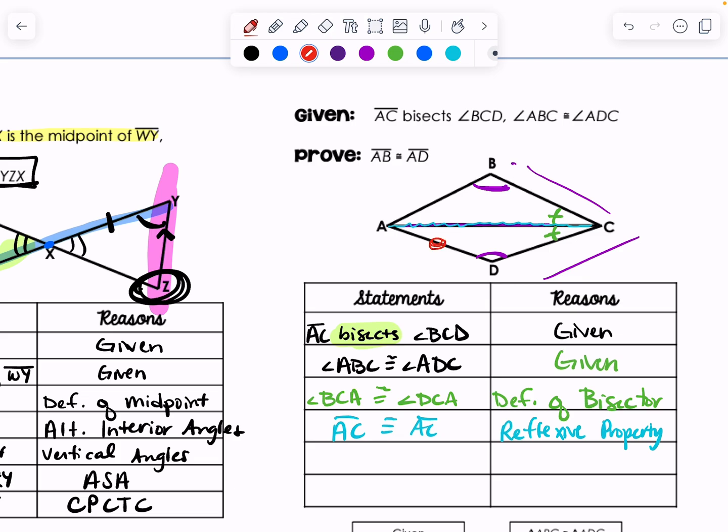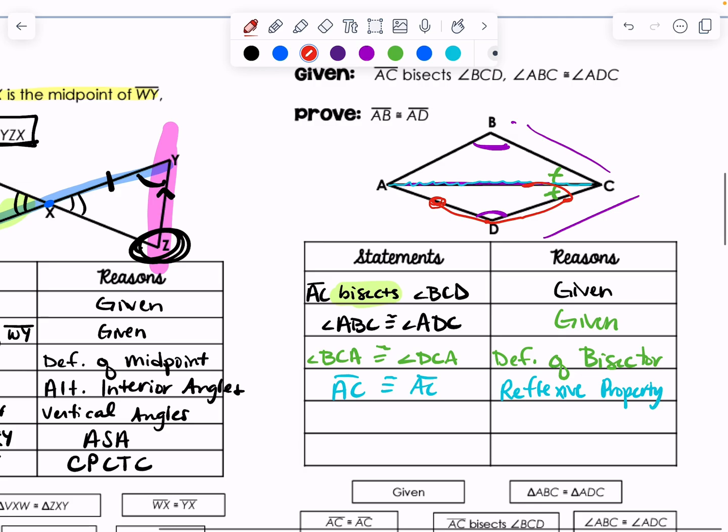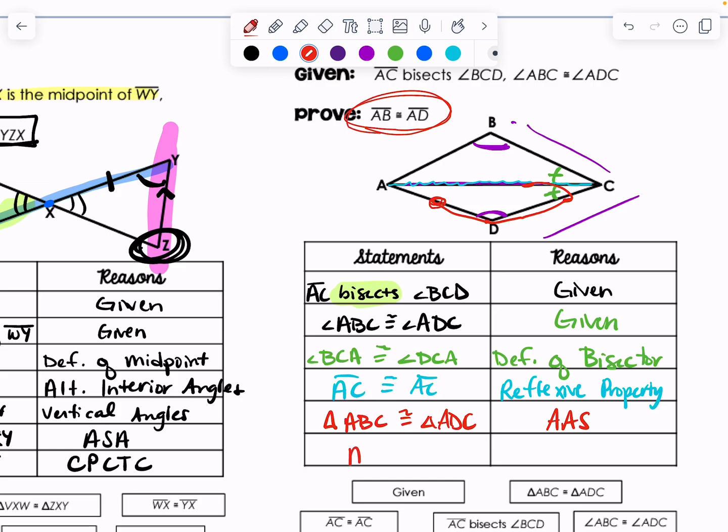If I start where there's nothing, I have an angle, then an angle, and then a side. So triangle ABC is congruent to triangle ADC, by angle, angle, side. Now that the two triangles are congruent, I get to say this last statement, that AB is congruent to AD, and that's by CPCTC.